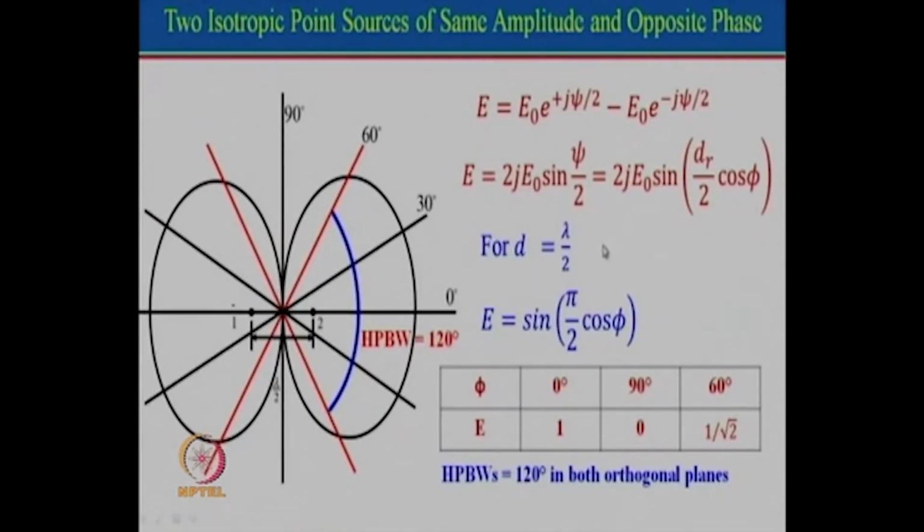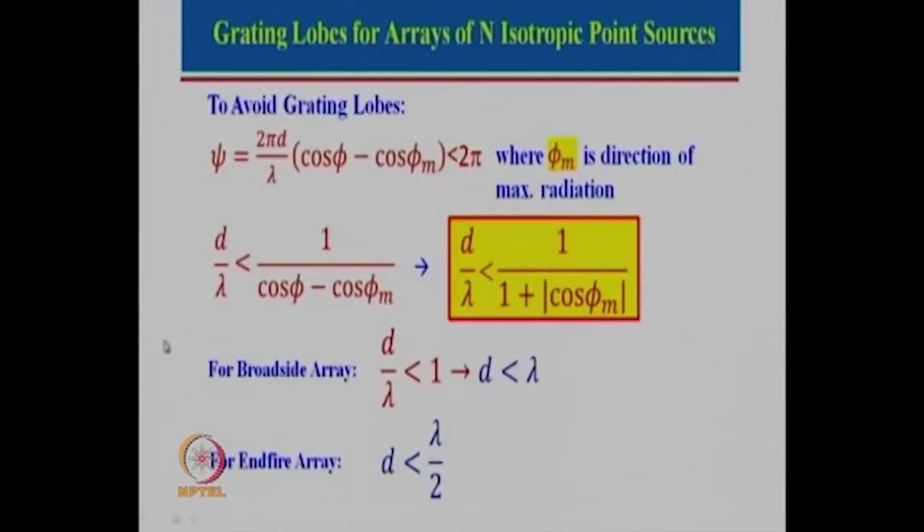So, you have to remember that d must be less than lambda by 2 for an end fire array. And if you are scanning the beam, let us say to 60 degrees, cos 60 will be 1 by 2, so the denominator will be 3 by 2, and that will give 2 by 3. So, d by lambda should be less than 2 by 3 for the beam maximum to be at 60 degrees.